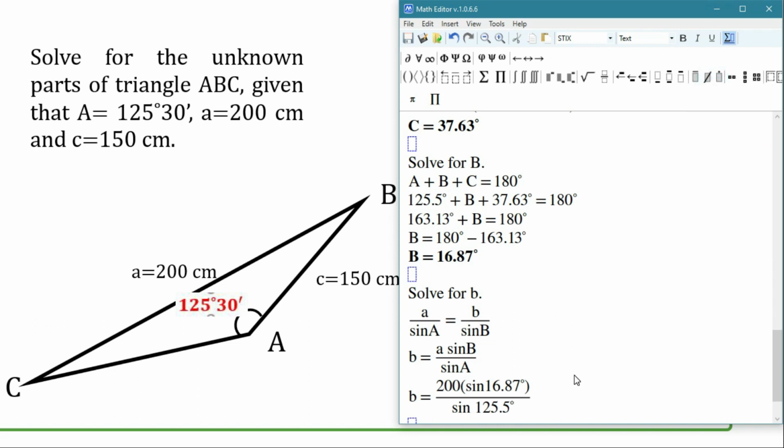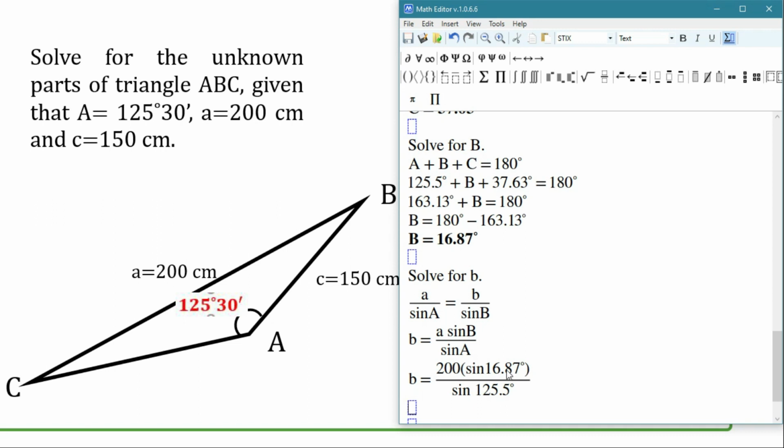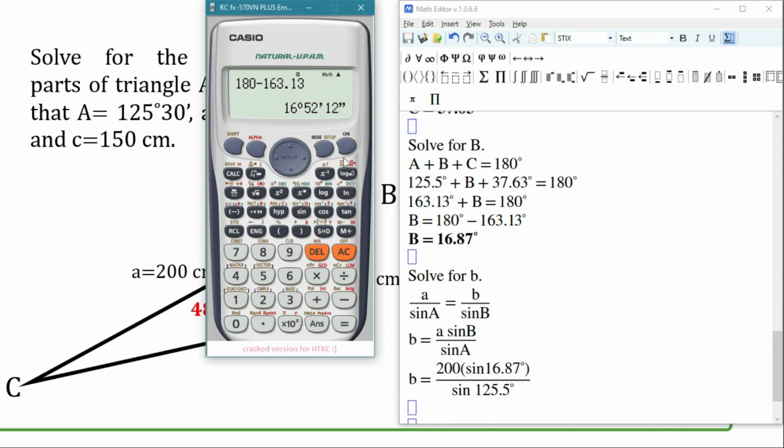Pwede natin kunin isa-isa kung gusto natin, yung sine of 16.87 degrees muna, bago kunin yung sine of 125.5 degrees, and then i-simplify. But then, using our calculator, pwede na po natin siyang idiretso.